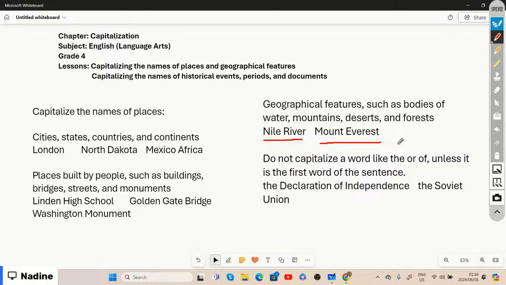Then we say do not capitalize words like "or" or "if", or the word "the", unless it is the start of a sentence. But we are not going to underline or write it in bold.